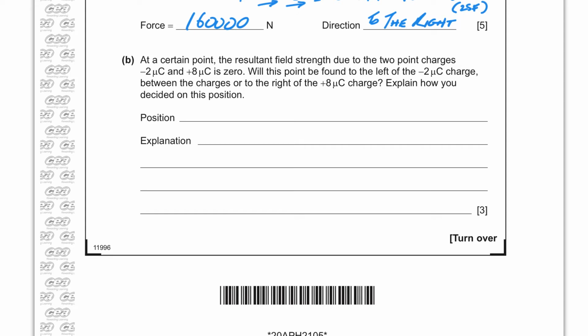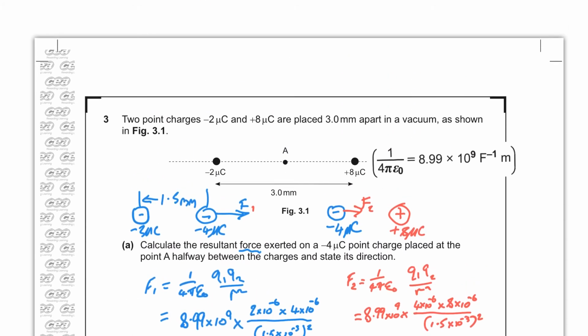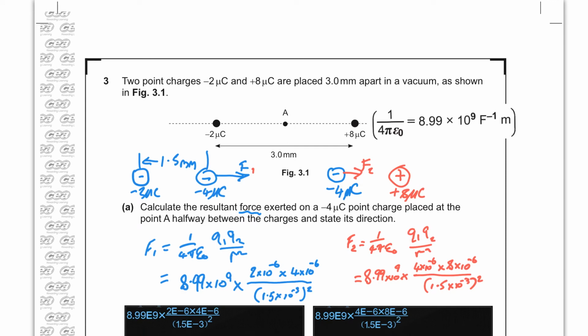Okay, so we've already looked at a lot of what's going on with the fields. The field is going to be away from the positive charge and towards the negative charge. So we really need a redraw with fields further down the page here.